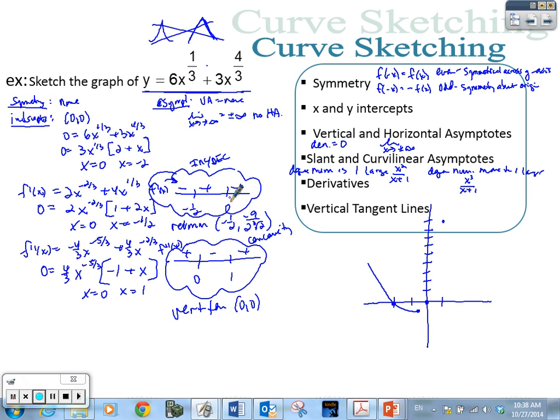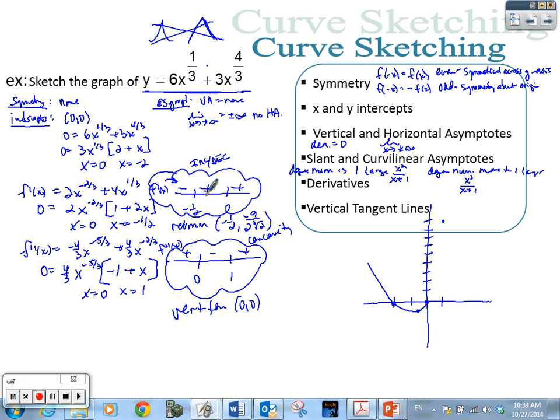And what do we have at 0 and 1? We have inflection points where we change concavity, right? They're not asking us for them, but just so that we're aware. So we are going to start increasing here to 0, and we are concave up, and we start increasing. Is everybody okay so far?